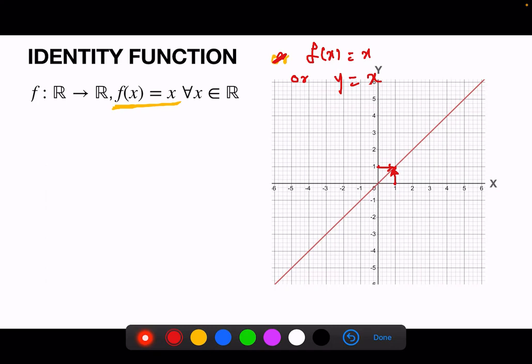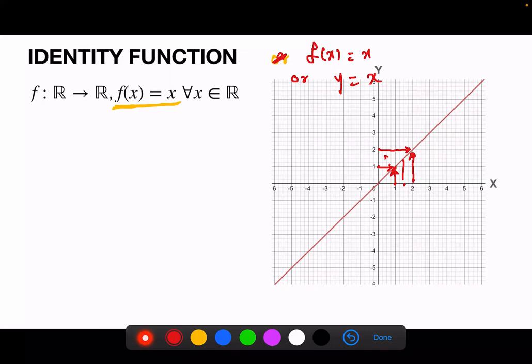These 1, 2 are only specific values. When it comes to real numbers, between 1 and 2 there is an unlimited number of numbers, an infinite set. So 2 is connected with 2, 3 is connected with 3. Similarly, 1.5 is connected with 1.5. Whatever input you give to this identity function, you will get the input as the output. It is not doing much, so that is why this is the identity function.